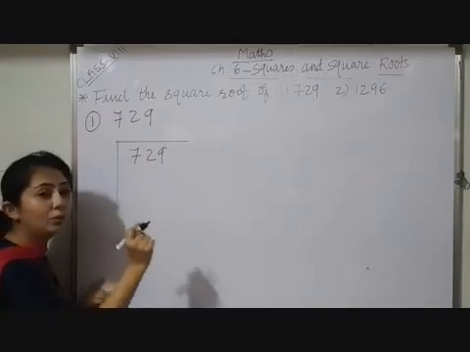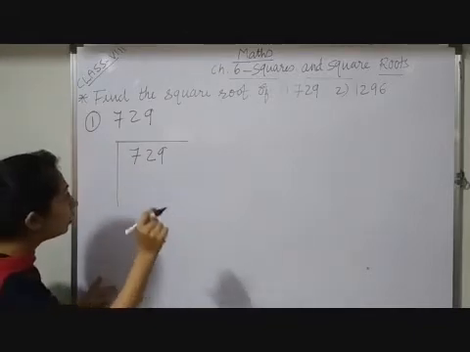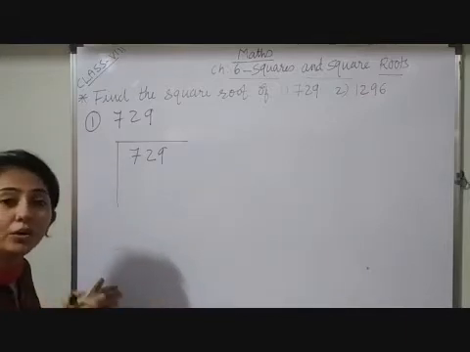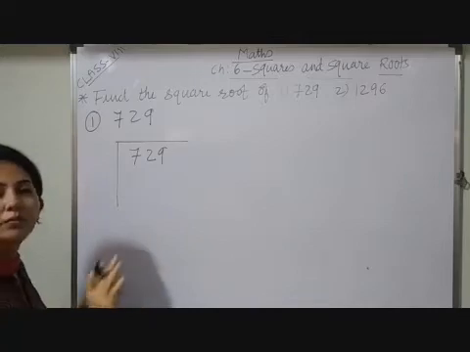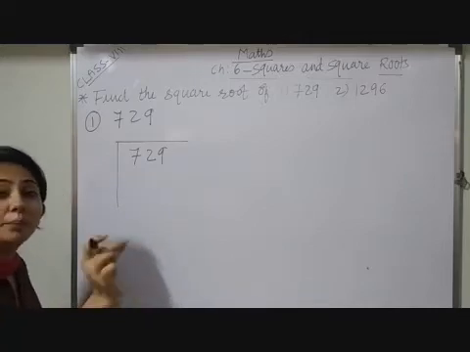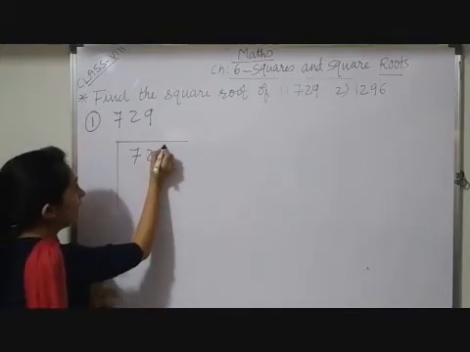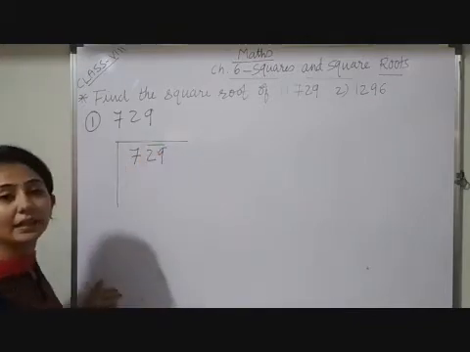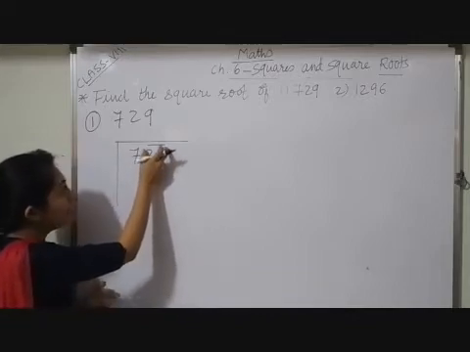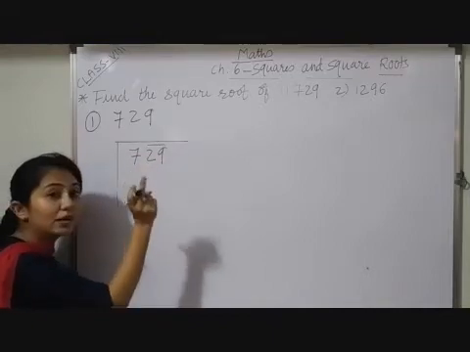You have to place a bar over a pair of digits, starting from the ones place and moving toward the beginning. See, like this. Here I place a bar over a pair.